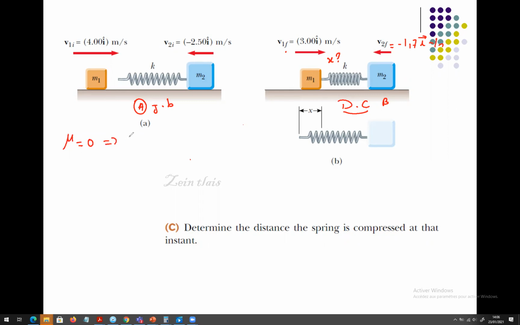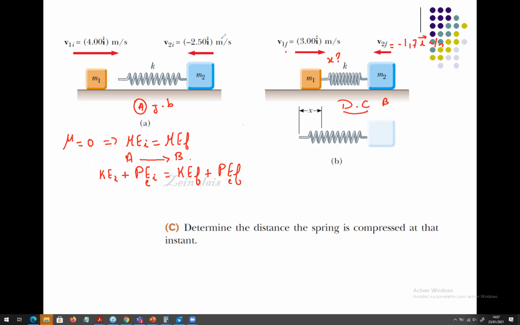So we have a conservation of mechanical energy: mechanical energy initial equals mechanical energy final between state A and state B. So kinetic initial plus potential initial equals kinetic final plus potential final. As you see, we have the same level, we don't have H, so we have only elastic potential energy, PE elastic.